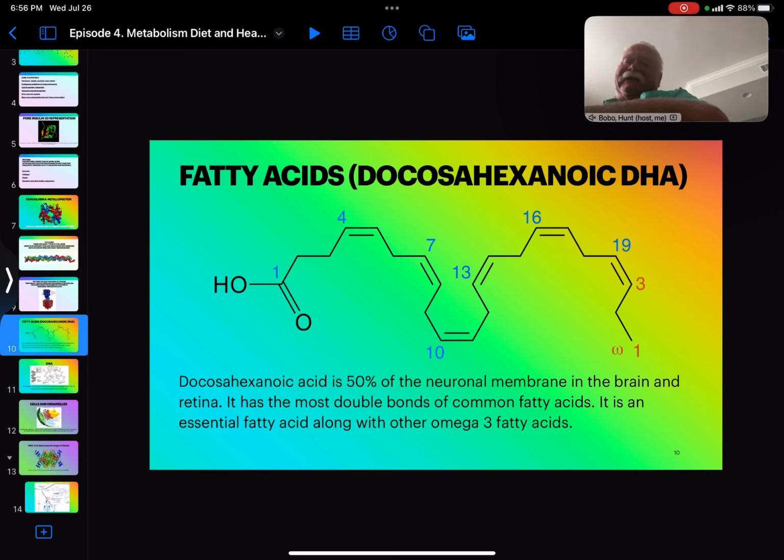Octane, which is about like gasoline, even though gasoline's actually a mixture, but gasoline's a liquid at room temperature. So the longer the chain of carbons, the higher the melting point, the higher the boiling point is, and the more double bonds.